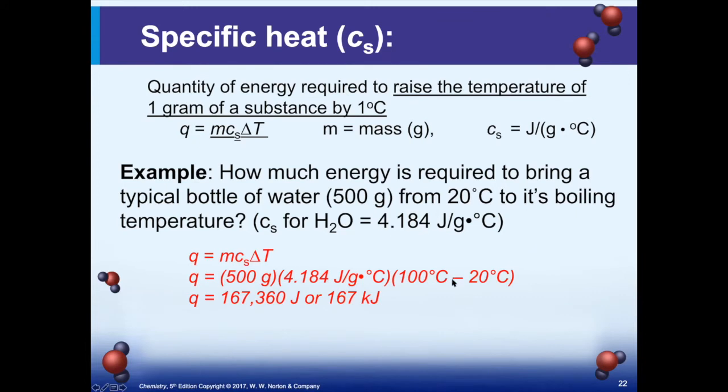All right, and so the other thing that I'll point out is when you calculate that, you get 167,360 joules, right? Now, why write it with that many digits when we can just use the metric system and use a smaller number? In thermochemistry, a lot of times we'll talk about kilojoules instead of joules. So this would be 167 kilojoules.